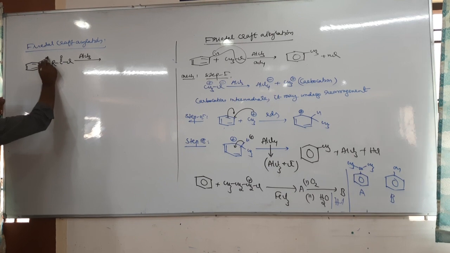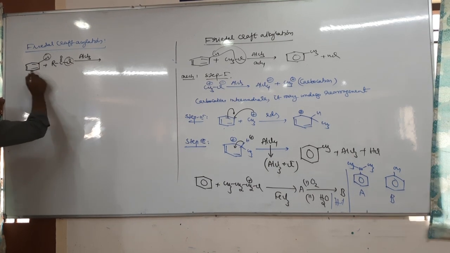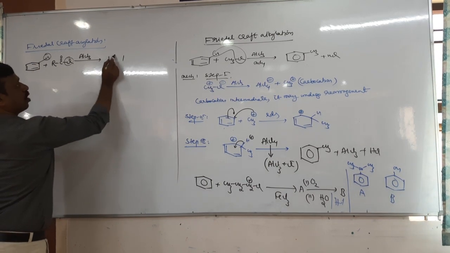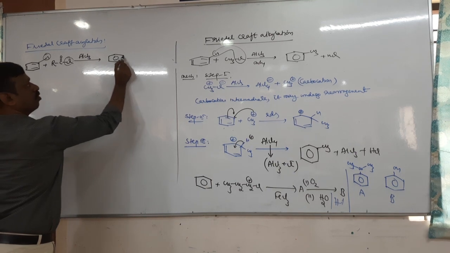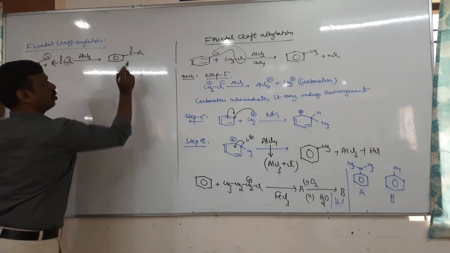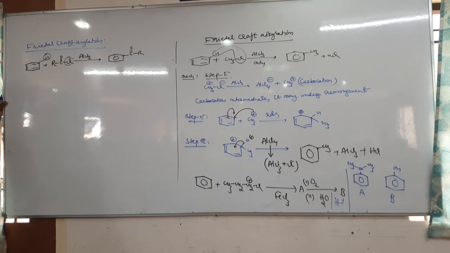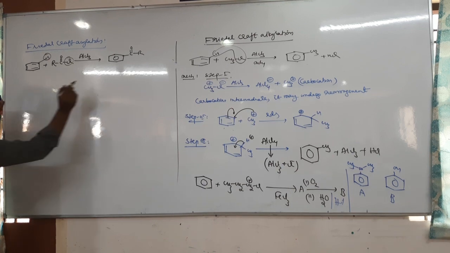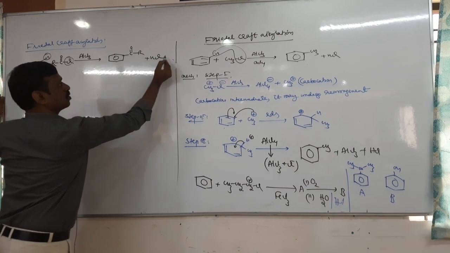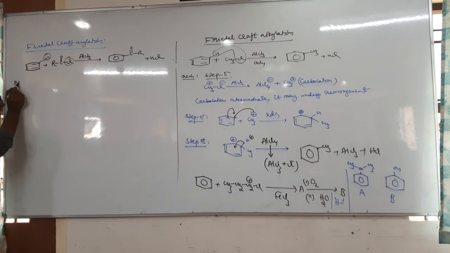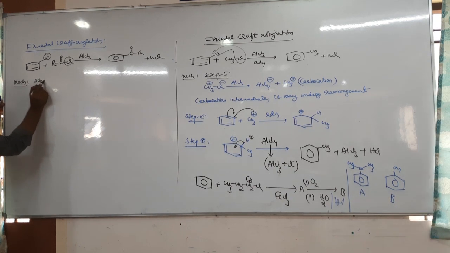Tell me, this one hydrogen replaced by acyl group, which gives rise to aromatic ketones, plus HCl. Tell me the mechanism.